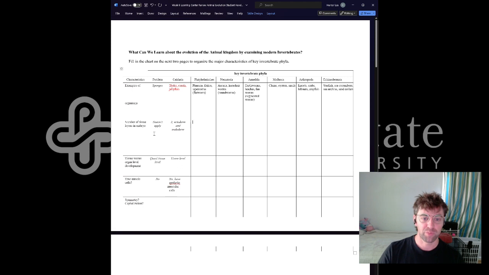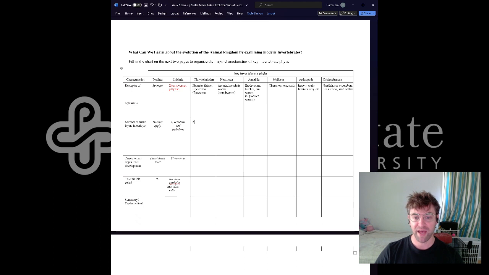So for Porifera, doesn't apply. There are no tissue layers that we can distinguish between. Cnidaria, we have 2. We have an ectoderm outside and endoderm inside. So 2 distinct layers, basically separating the organism from the outside world and the organism from its internal chamber.